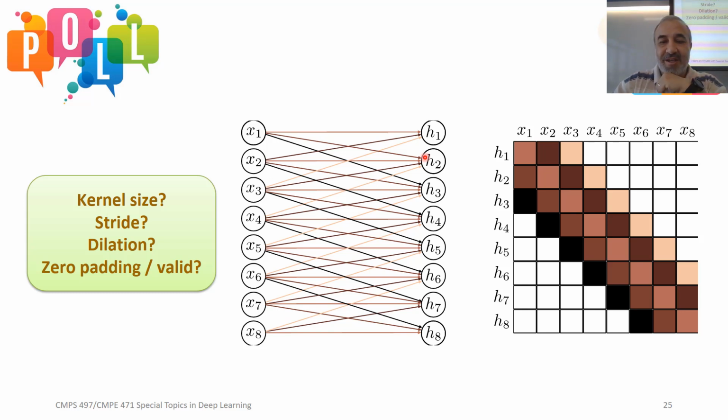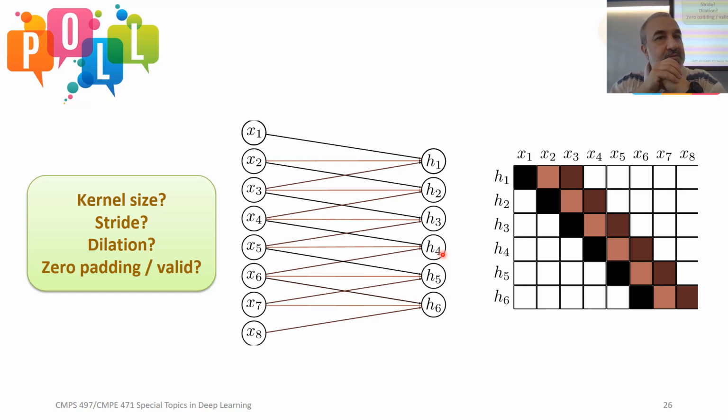Here we have 4. Here we have 3 also. Zero padding. Yeah, because in this case we will produce the same number of output units as input. If you want to keep the same size, then zero padding is the solution. These are special cases. You have to handle them somehow. Because if you do the valid convolutions, what will happen to the size of the output? It will be reduced a little bit. Okay.